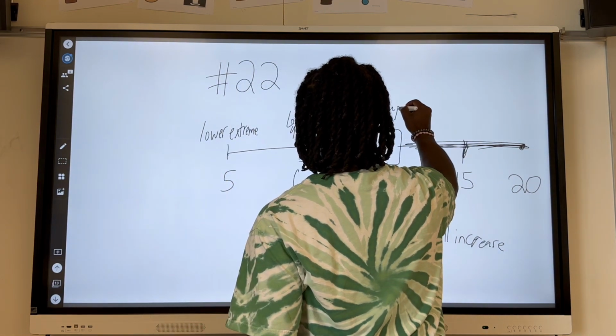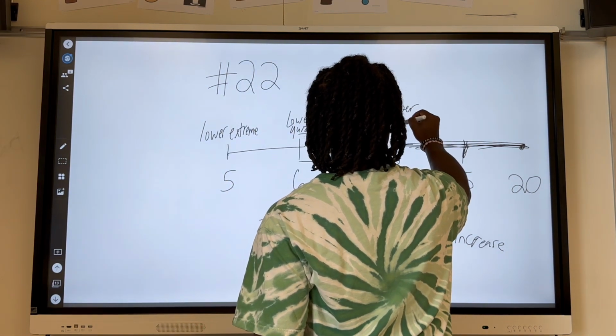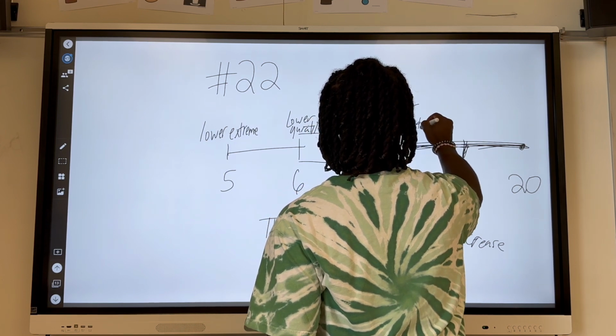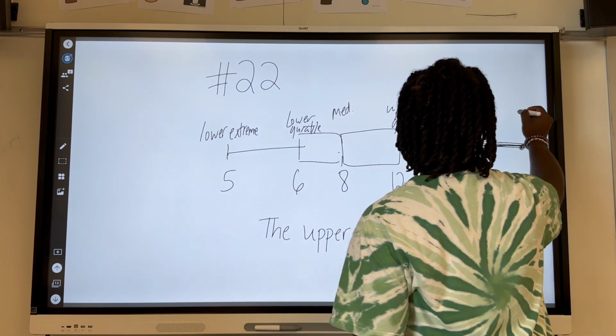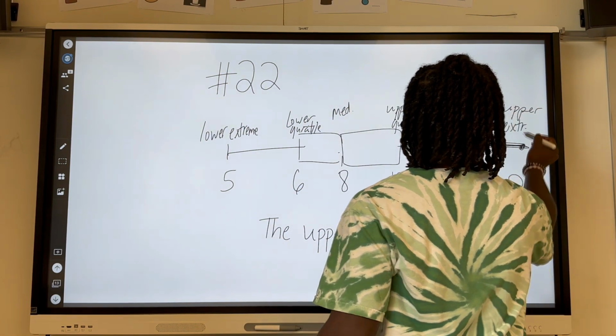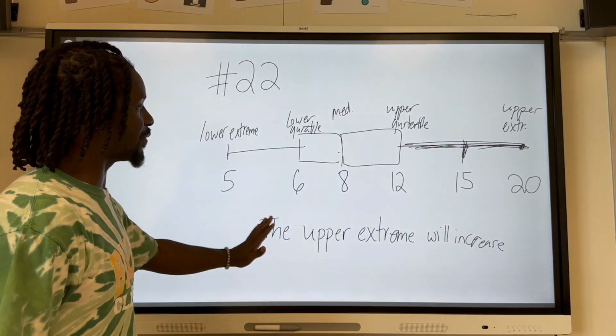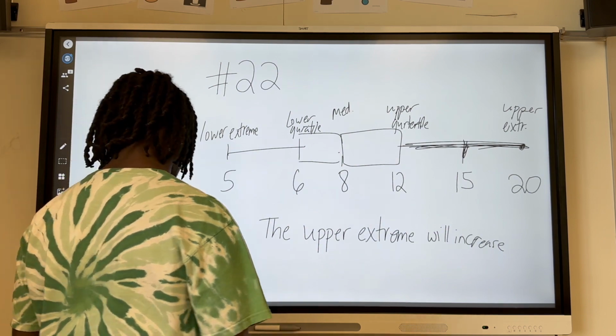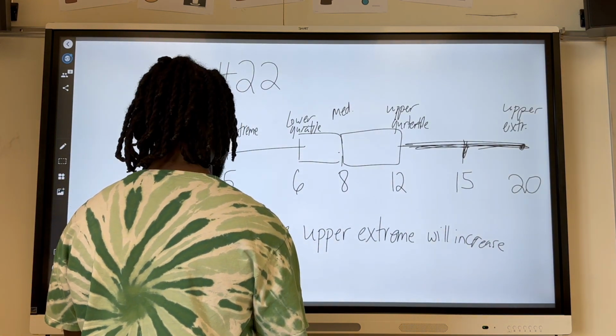This is the upper quartile. Why can't I spell quartile today? Quartile, and then this is the upper extreme. All right. So again, what's going to happen is if you throw a 20 in there, that is going to increase the upper extreme will increase.